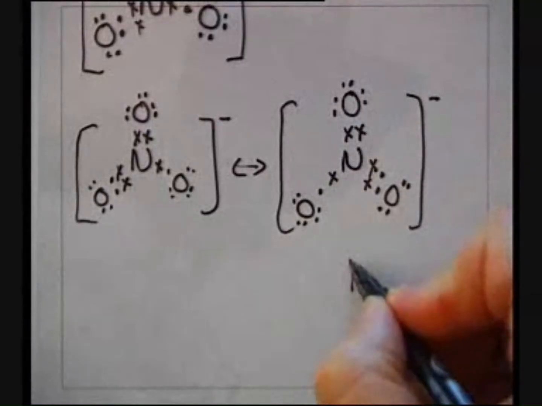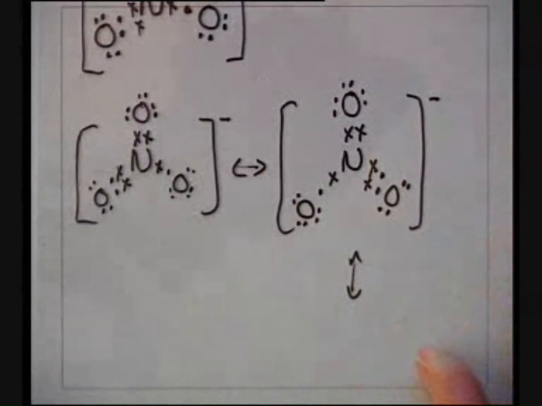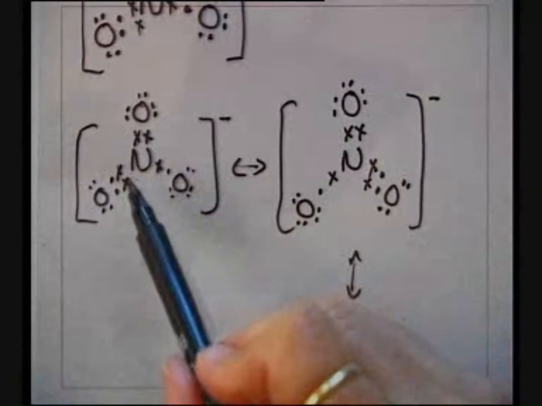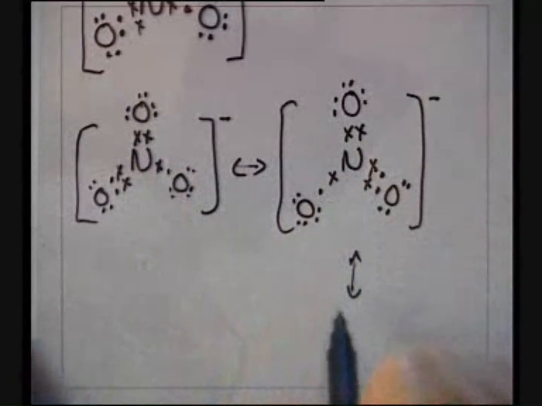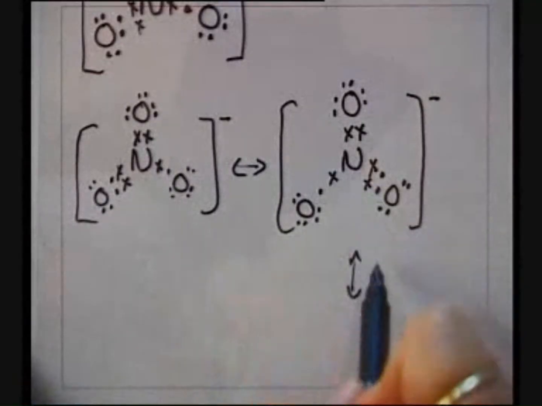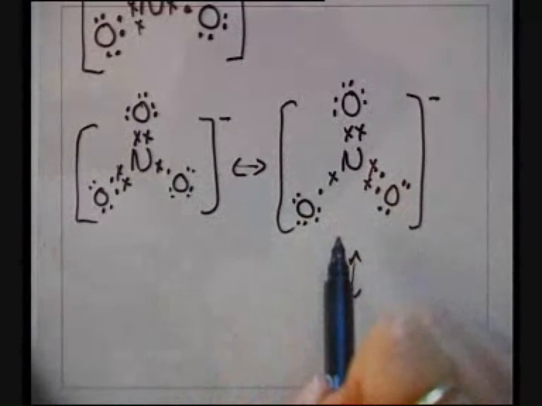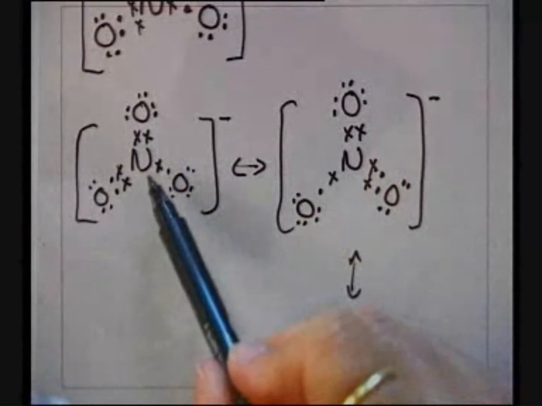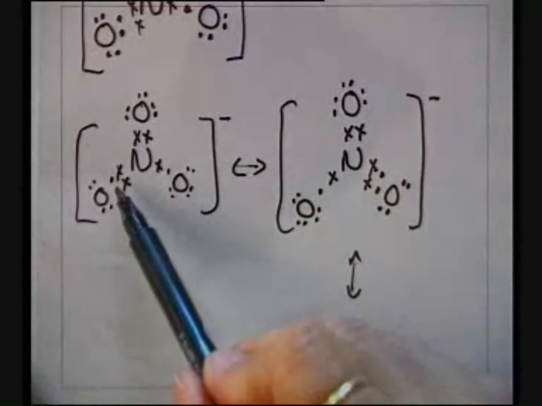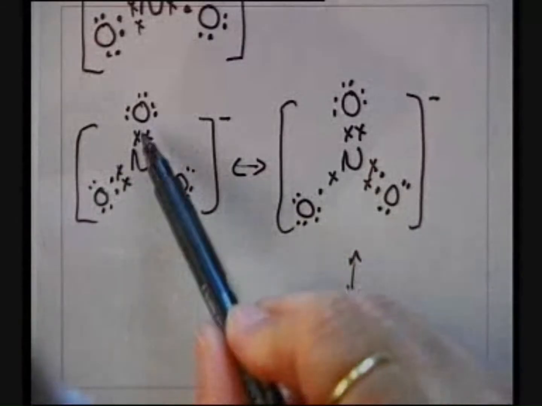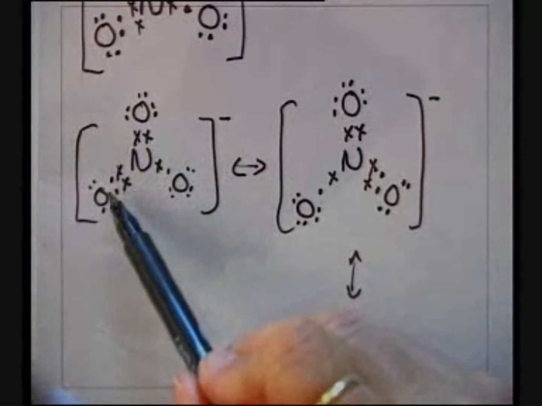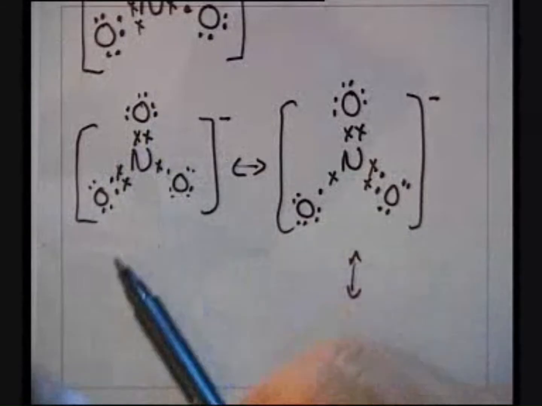And what we must understand now is that the real structure of the nitrate ion is the average of all these resonance structures. Because it is an average, it will imply that we haven't got a definite single bond or a definite double bond in one of these positions.